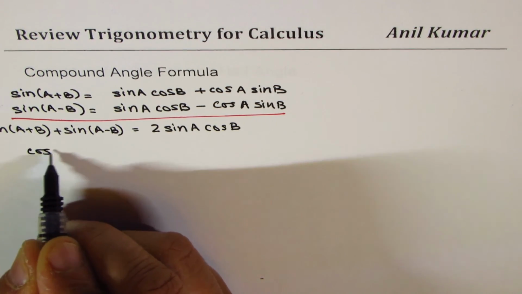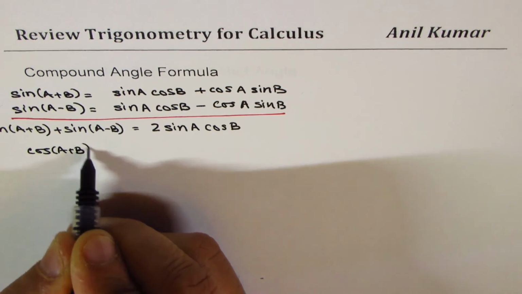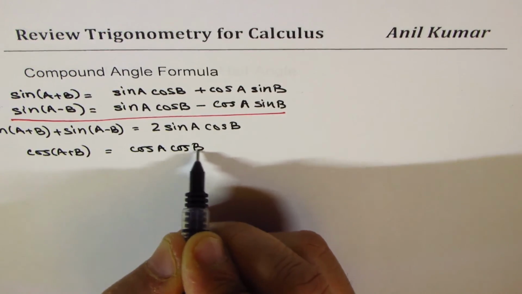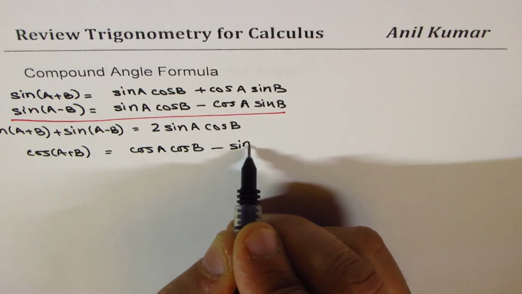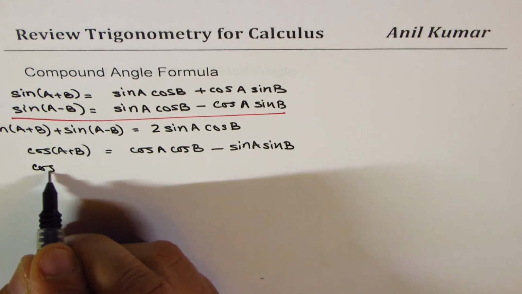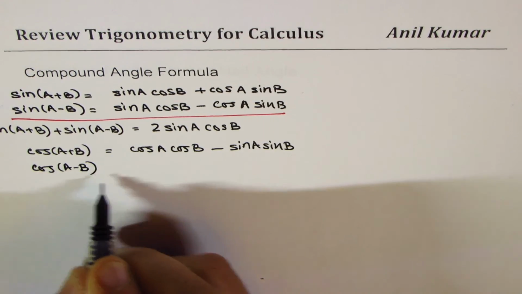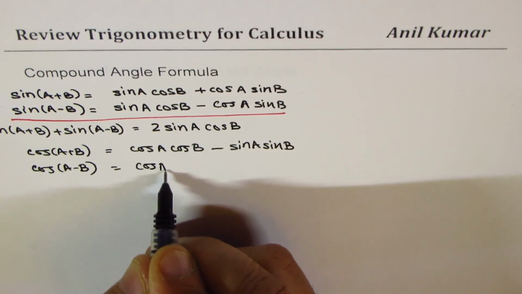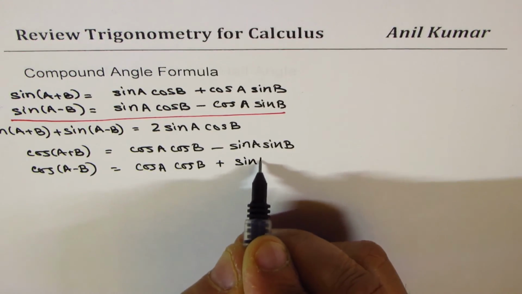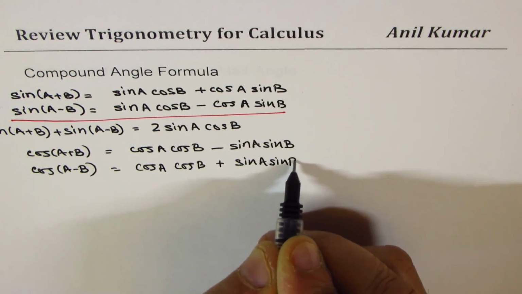We could use cos of A plus B, which is cos A cos B minus sine A sine B. And cos of A minus B is cos A cos B plus sine A sine B.